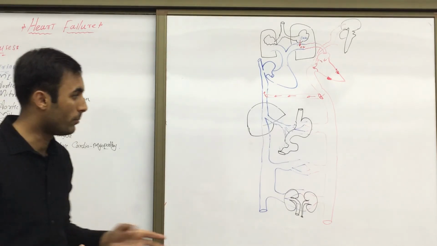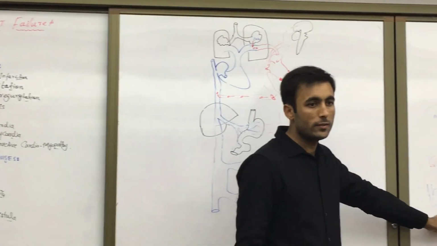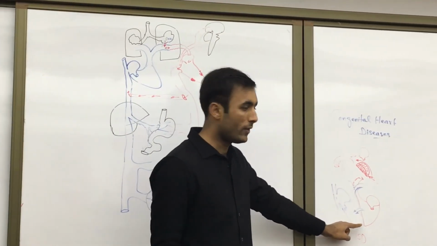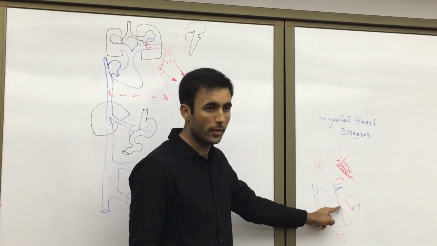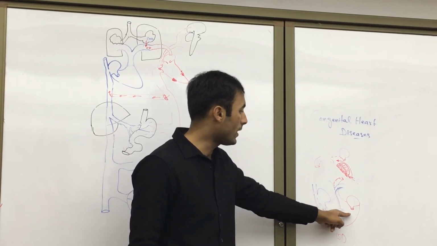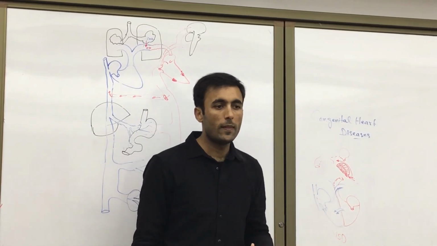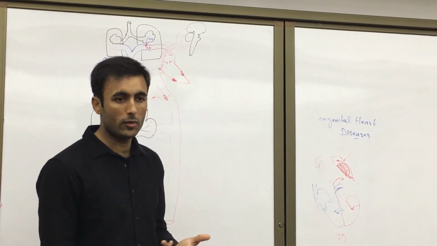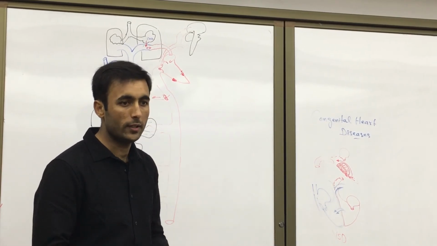For example, we gave the example of VSD, ventricular septal defect. In a ventricular septal defect, what really happens? There is a defect in the septum of the heart. Blood goes from the left ventricle to the right ventricle initially. So in this condition, the heart cannot meet the oxygen demand of the body tissue, and that can also lead to heart failure.